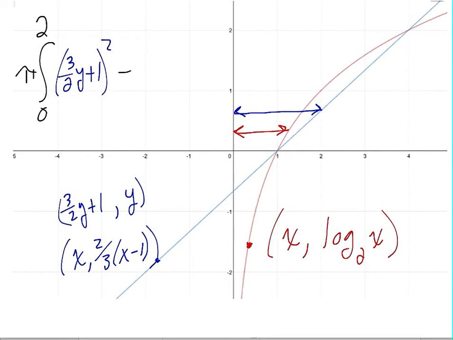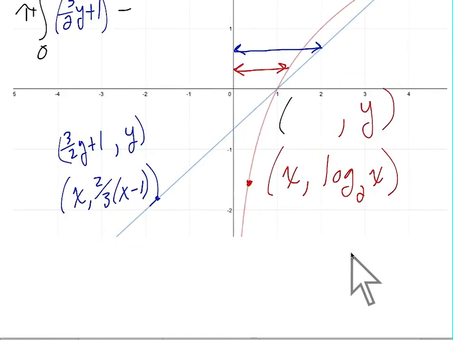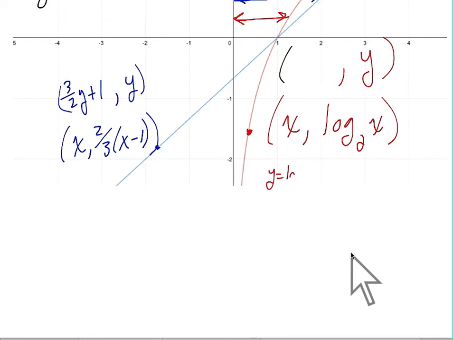And then we're going to subtract our inner radius. So we want to take this and rewrite it. If we know that y is equal to log base 2 of x, well then that implies that 2 to the y is equal to x, which then means that if we're writing our coordinates using y's, the x coordinate is 2 to the y.